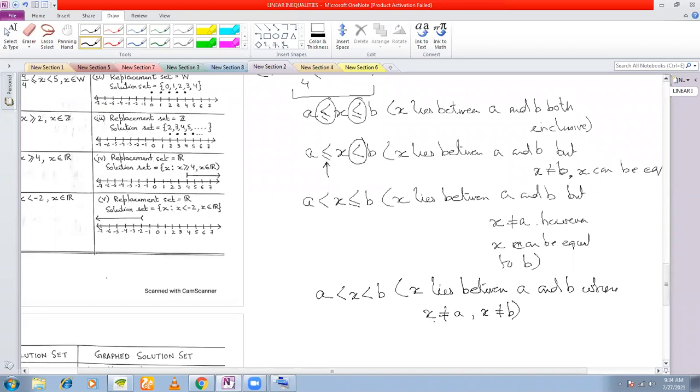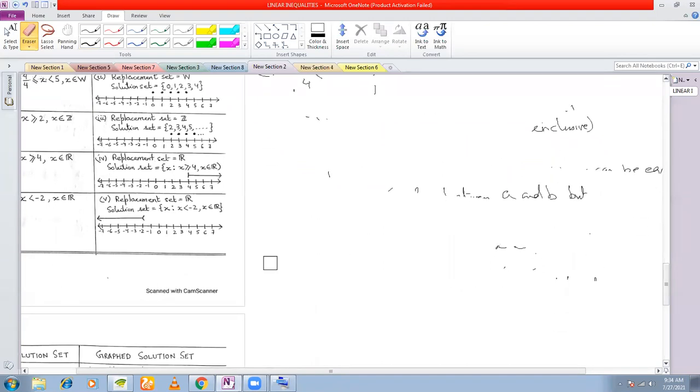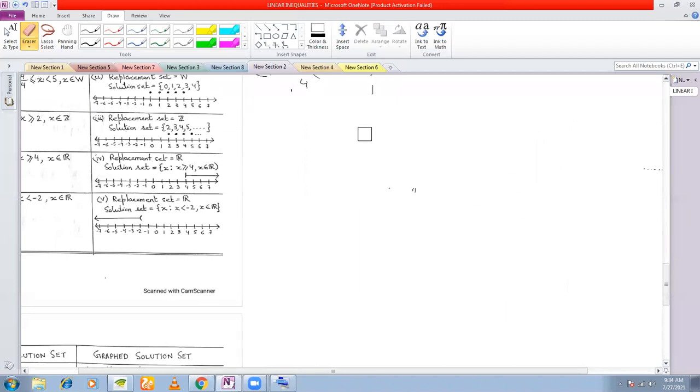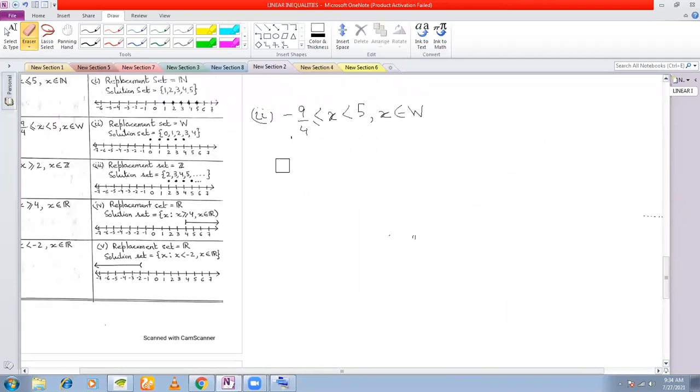Okay. So coming back to this example here, once we know what it means. So what does this mean? x lies between -9/4 and 5, where x is not equal to 5.